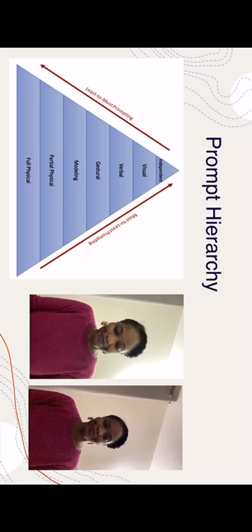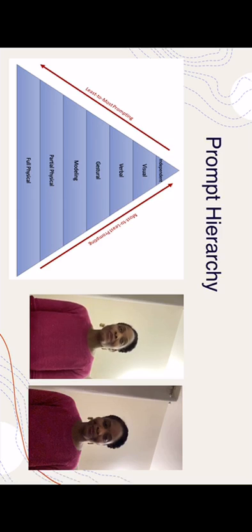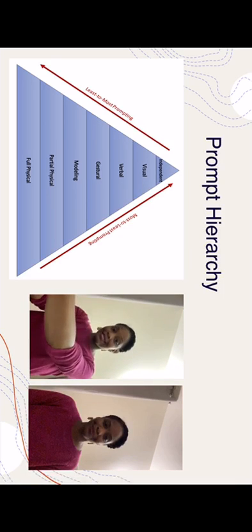The next thing is a gestural prompt, and we use this a lot, probably without knowing that we're doing it. And the way that you use a gestural prompt is you simply gesture that you want a certain behavior to start occurring. So same example with the pencil, except now when you say "pick up the pencil," you point to it. You're not hand over handing them.